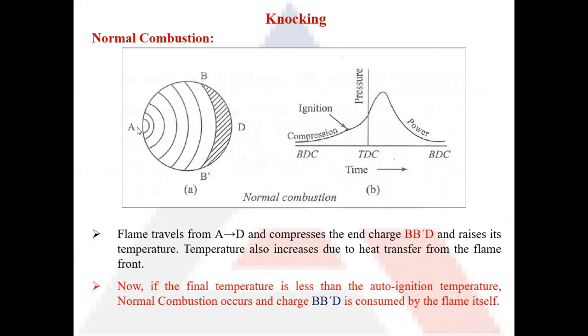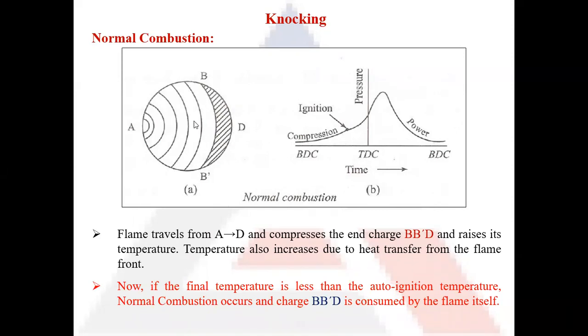A is where the fuel injector or the spark plug is installed, and D is the farther point, where the piston head is. In between A and D, you can see these curves. These are your various layers of fuel.